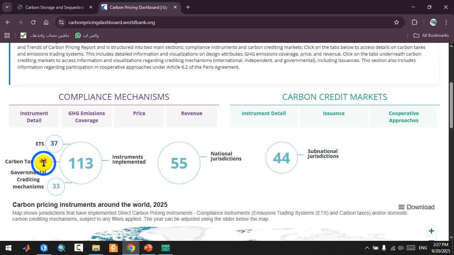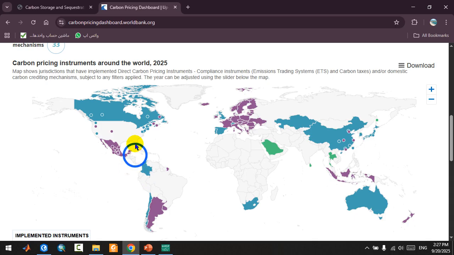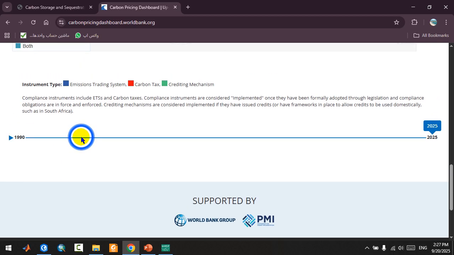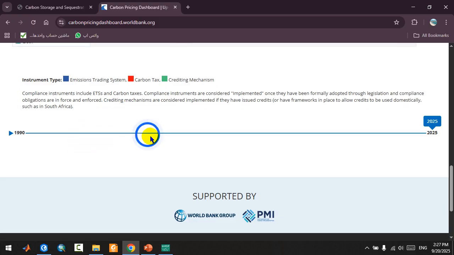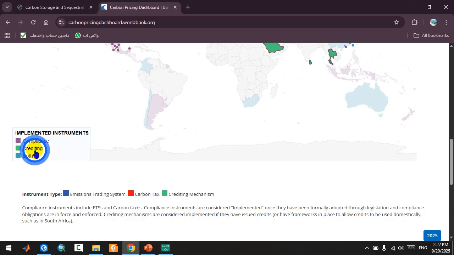Carbon tax instrument and the American conditions, the credit.